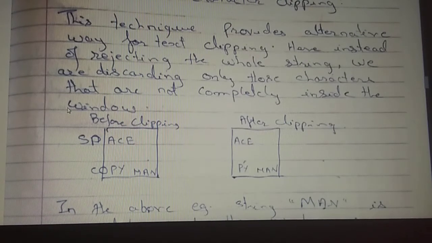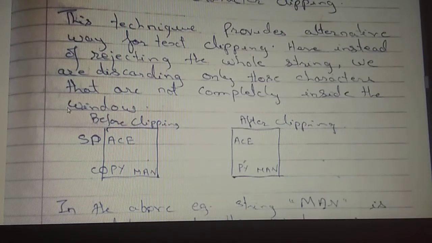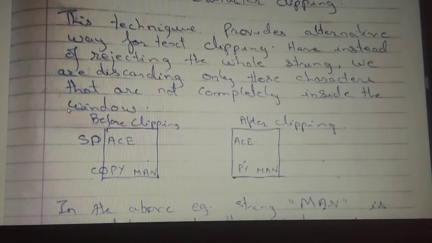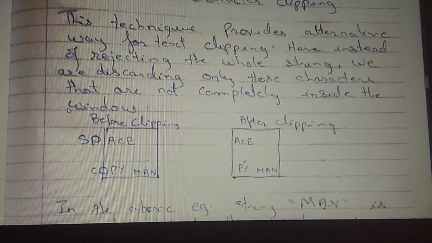Now in the given example we can see the string man is completely inside the window, so obviously it will get displayed properly. But for string space, first two characters are outside the window and next three characters are inside the window. In all or none string clipping, we are discarding the whole string, because the rule was to discard all or none.